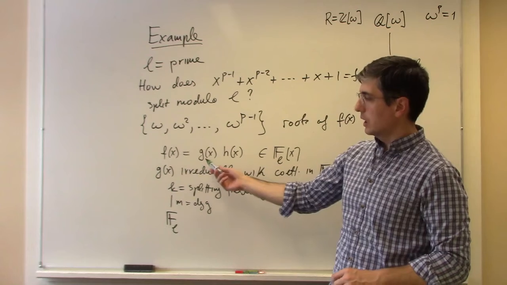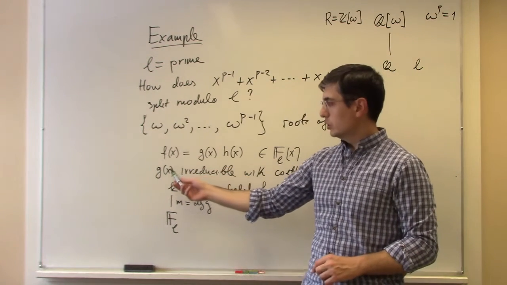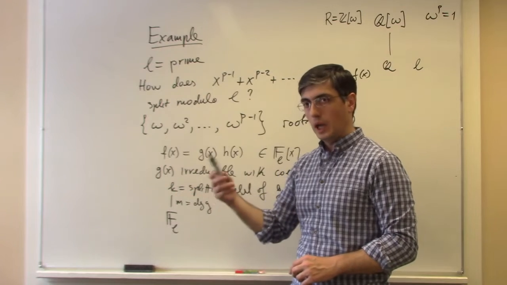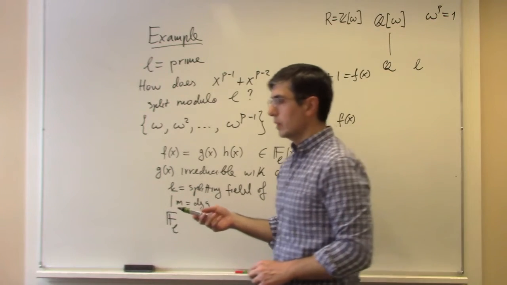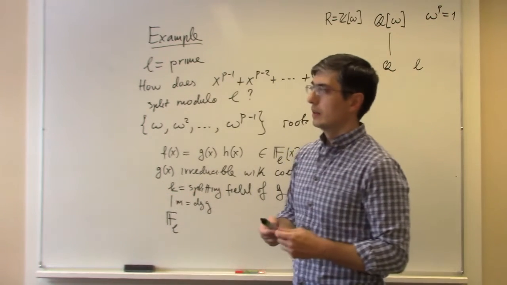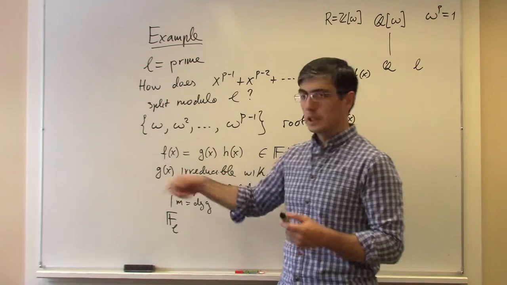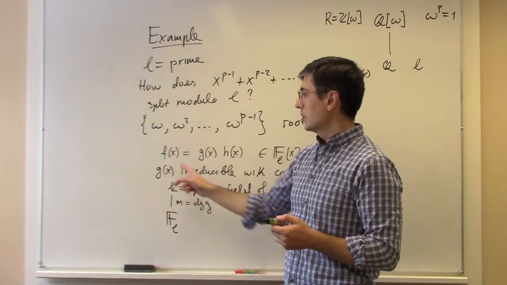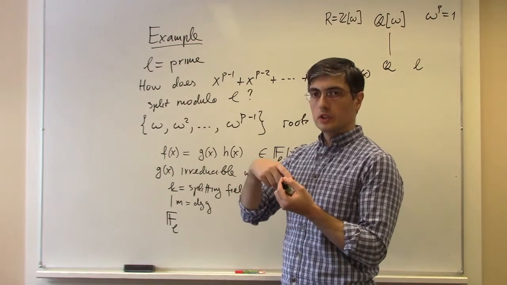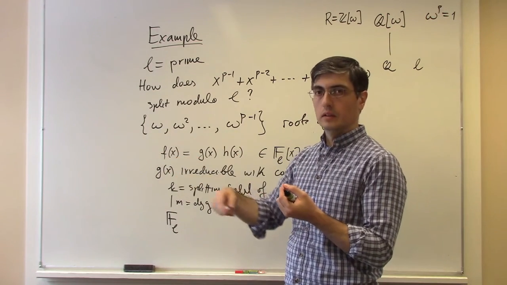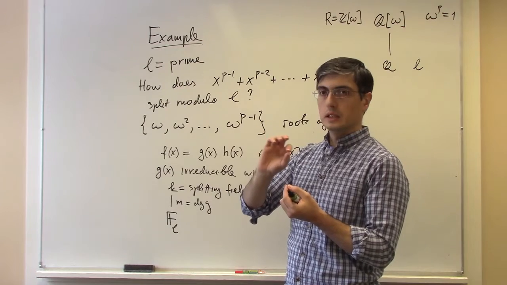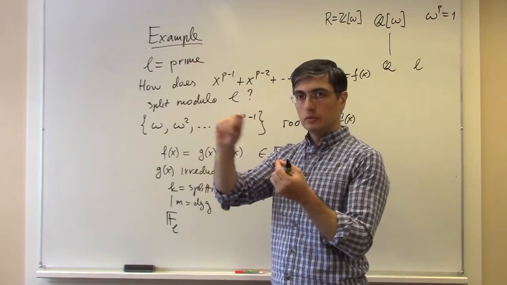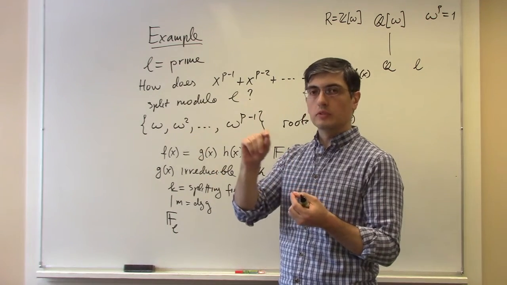Which means if I'm applying the Frobenius to the roots of g(x), what should be happening? First of all, the roots get permuted between themselves, right? But there is just one cycle. So when you apply the Frobenius tau, all the roots get permuted transitively.